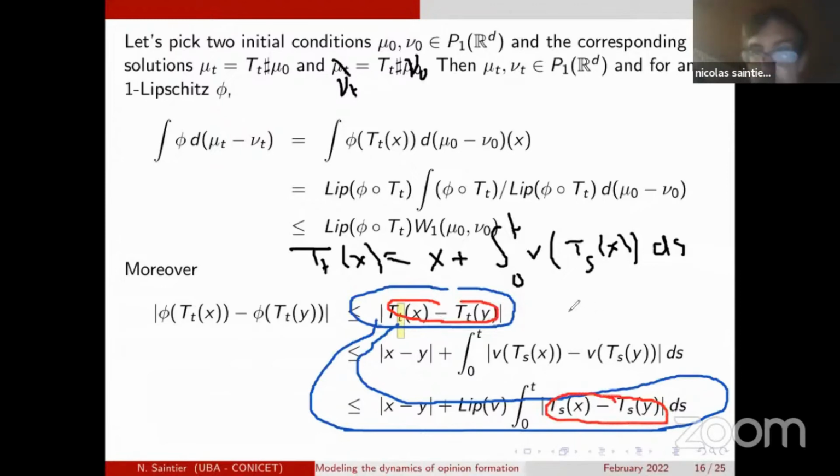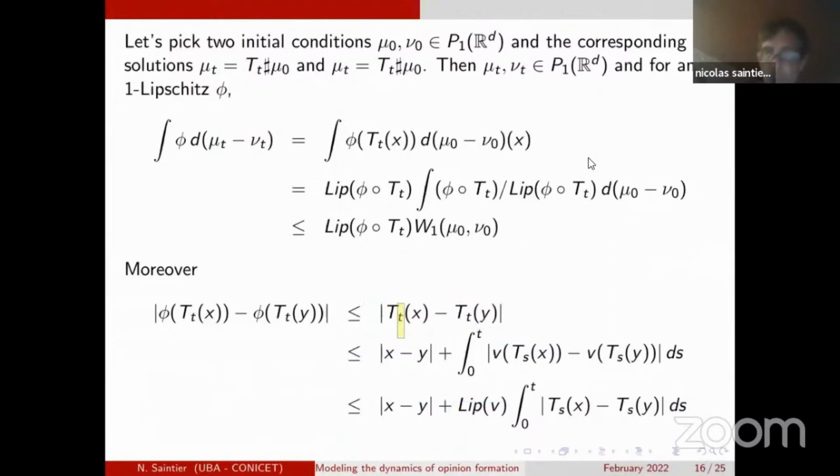So if we apply the Gronwall inequality, we can bound this expression T sub t of x minus T sub t of y, and so we can find the bound on the Lipschitz constant of my function phi of T sub t. So let's write that.